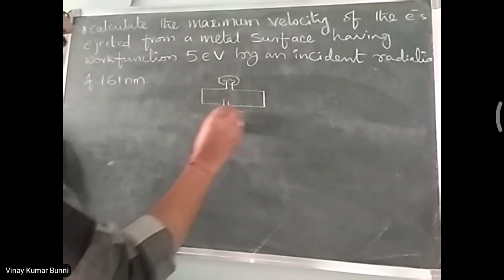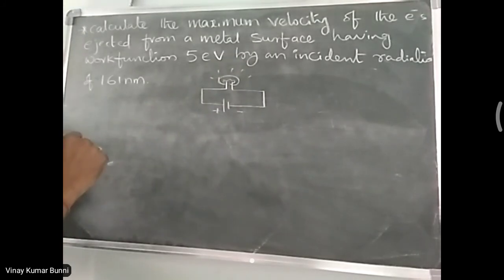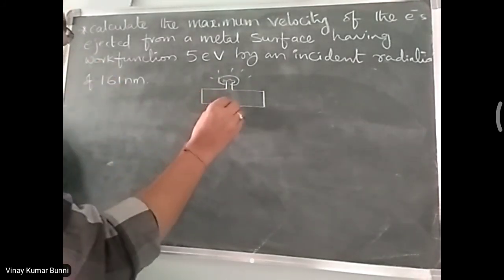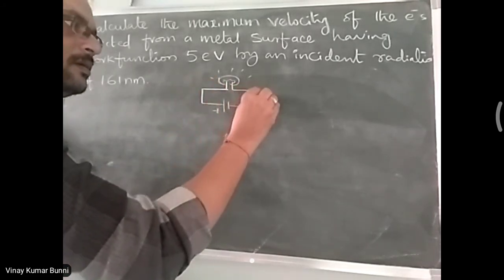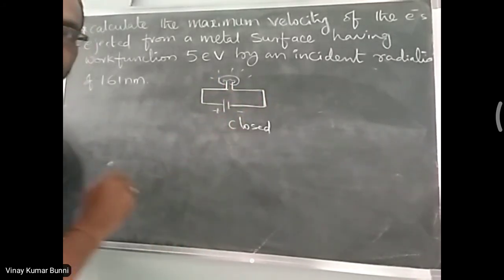When you connect it to the battery, that bulb will glow. So this circuit is completed and this is a closed circuit, right?